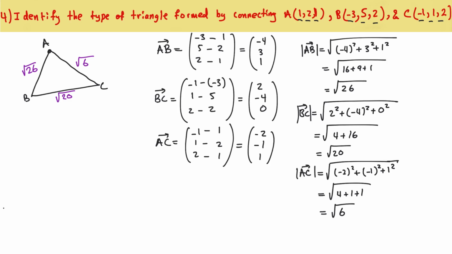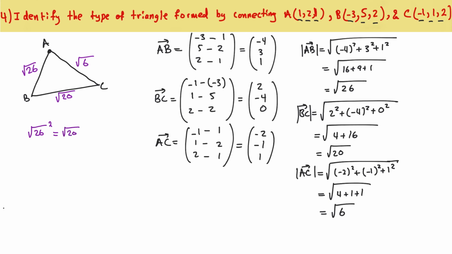But we also need to check using the Pythagorean theorem whether the triangle is a right triangle or not. So here I have root 26, that's the largest side, so we are going to check to see if root 26 squared, the hypotenuse squared, is equal to the sum of the squares of the two other sides.